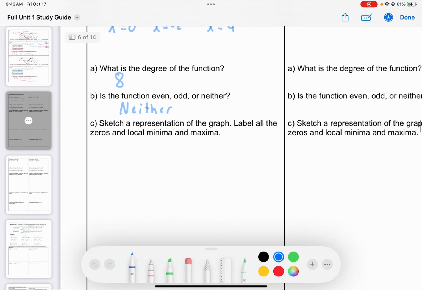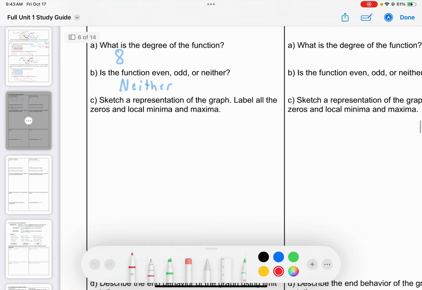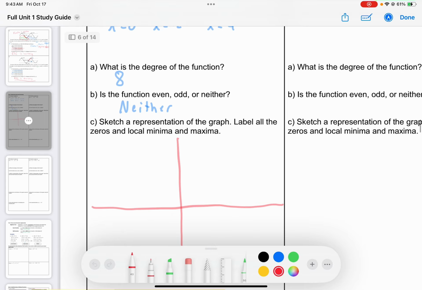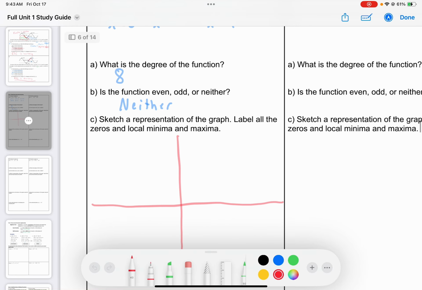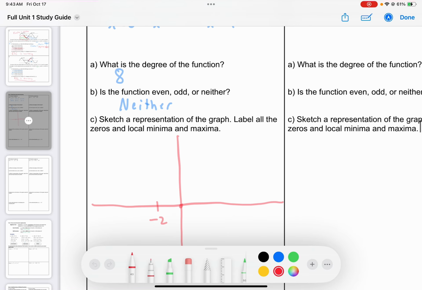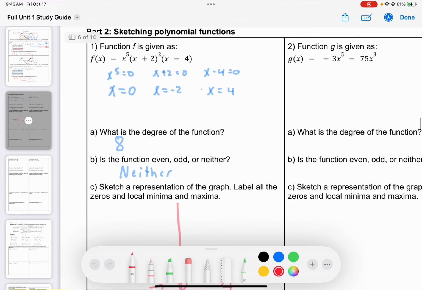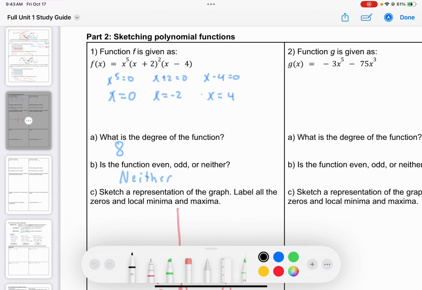So let's plot those on the graph. Negative 2, 0, and 4.